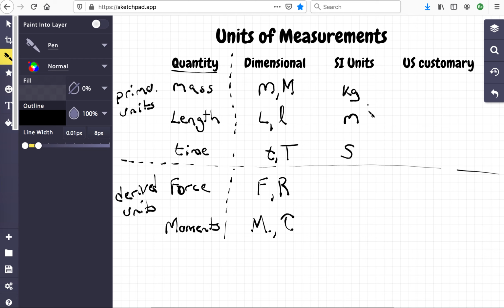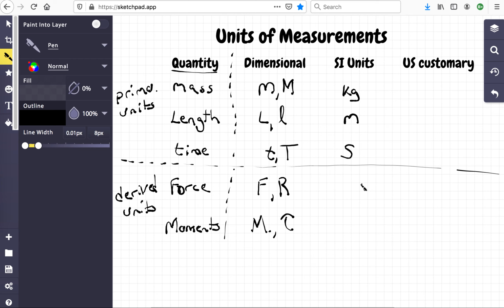is s. So these are the customary units that we would use when using the SI. So we have kg for kilograms, and that's a quantity of mass. We have the unit of meter, which is a dimension of L, the quantity length. Then we have the quantity time with the dimension of lowercase t usually, and a unit of s.